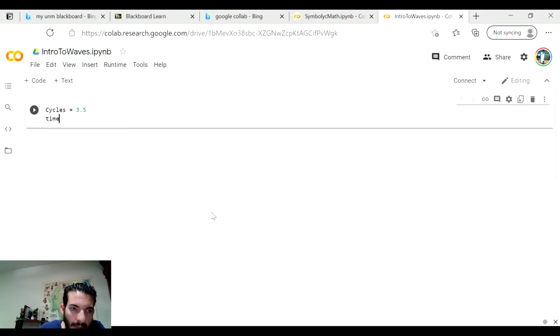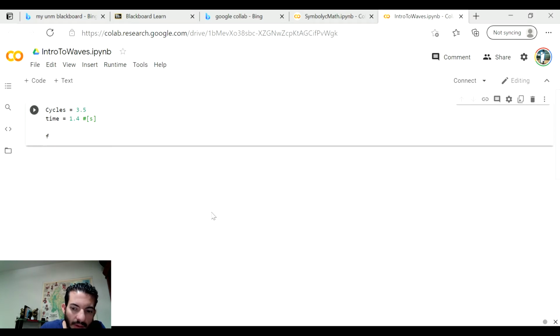And then time equals 1.4. Units here are, I'm going to put a comment, no units for cycles, and a comment, units of seconds. So frequency equals cycles divided by time. A comment is not going to be interpreted by the API, so it's just something there for us to know what's going on in the code in case we come back later.